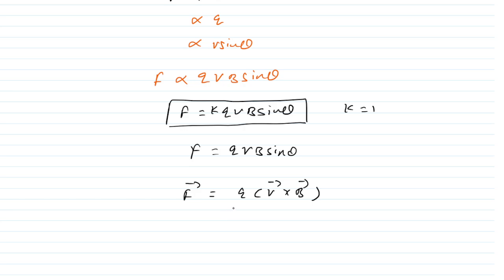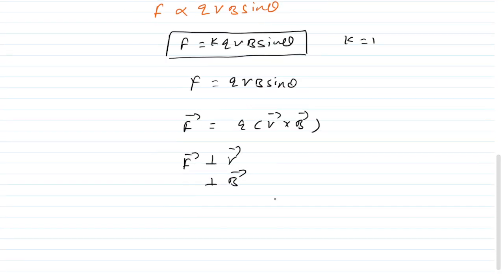So the direction of force is going to be perpendicular to both the velocity vector as well as the magnetic field vector. As we know, when we take the cross product of two vectors, the resulting quantity will be perpendicular to both the v vector and the B vector.